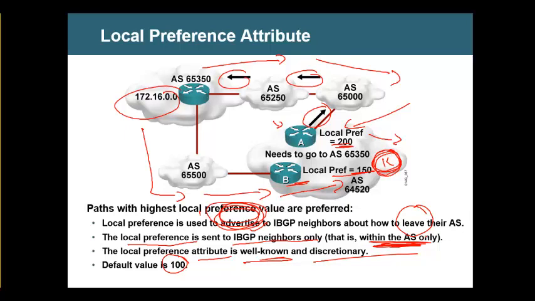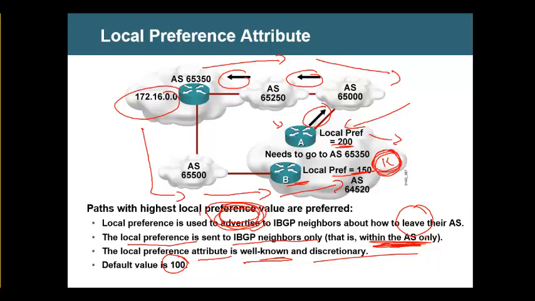So every router will know that going via A is the best path to reach 172.16.0.0. The preferred exit.